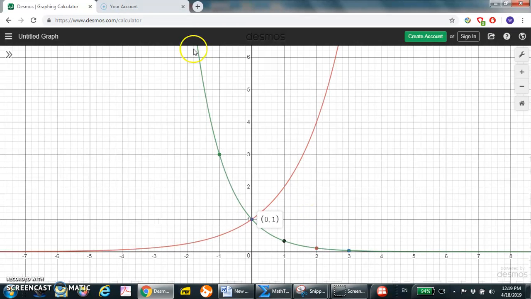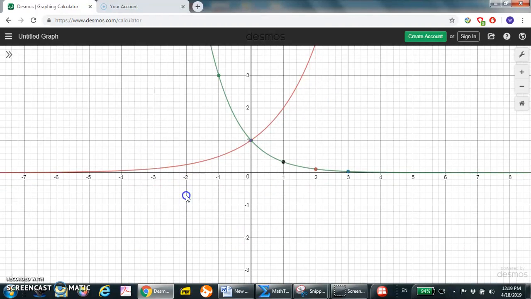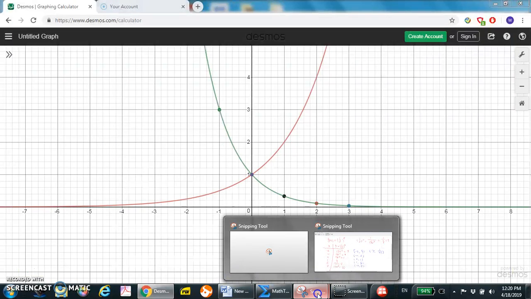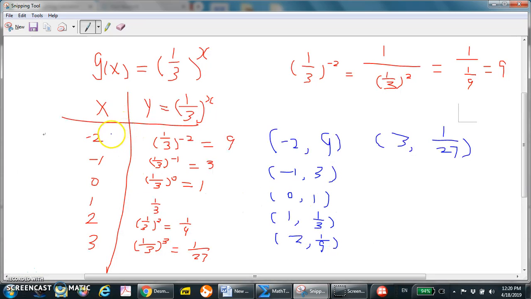But the difference is now the graph goes down to the right, and this kind of graph we call a decreasing function, because the property is that as the x values get bigger, the y values get smaller: from 9 to 3, from 3 to 1, from 1 to 1/3, to 1/9, to 1/27.